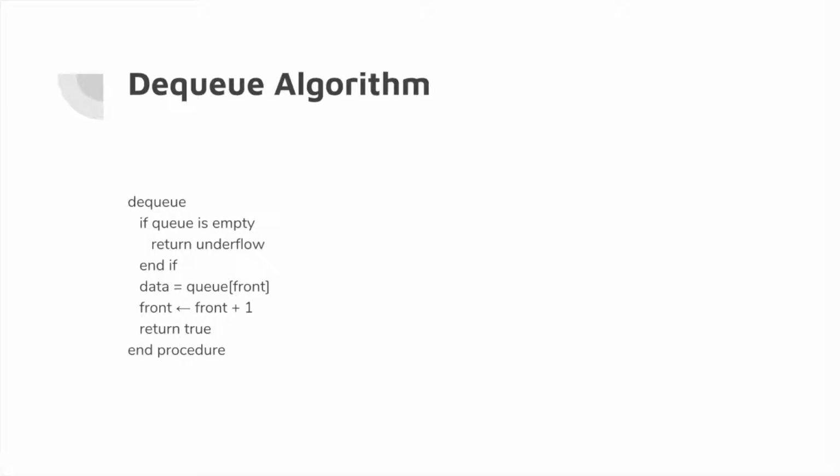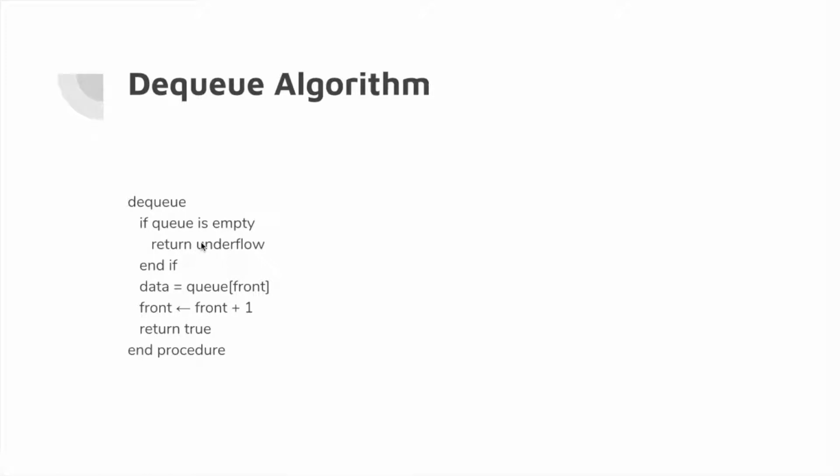Similarly, in the dequeue algorithm we can see the process when we are removing an element from the queue. While entering into this process, again we do a check: is the queue empty or not? Maybe the user might try to dequeue an element from a queue which is already empty. In that case, we should throw either an exception or return some message that the queue is already empty, and we can't dequeue further.